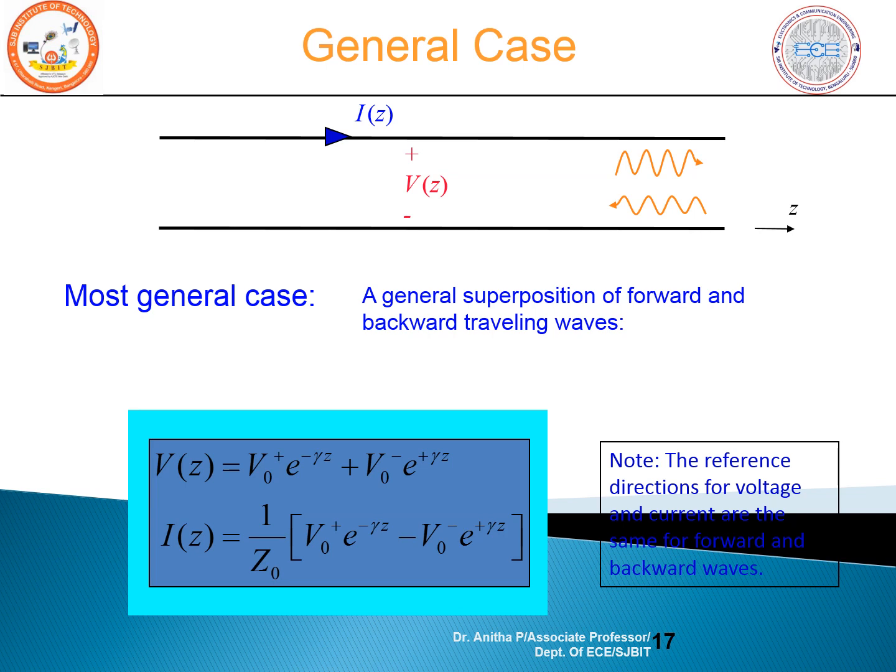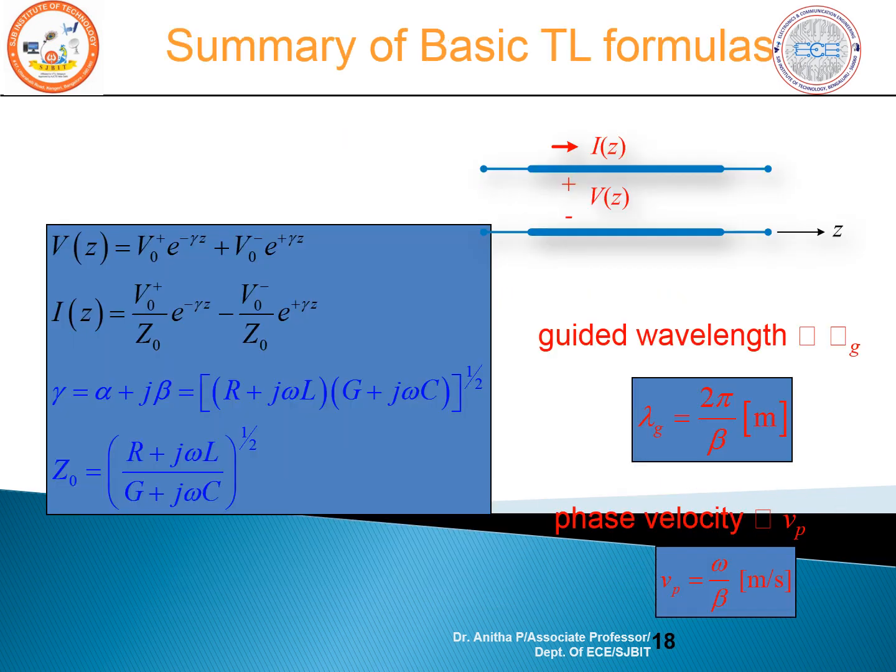So the voltage equation and current equation are solutions of a second order differential equation. This is just a summary of what we have done till now. The voltage equation V(z), if you consider a transmission line of length delta z, will have an incident and reflected wave, and the current will have an incident and reflected wave represented in terms of voltage.